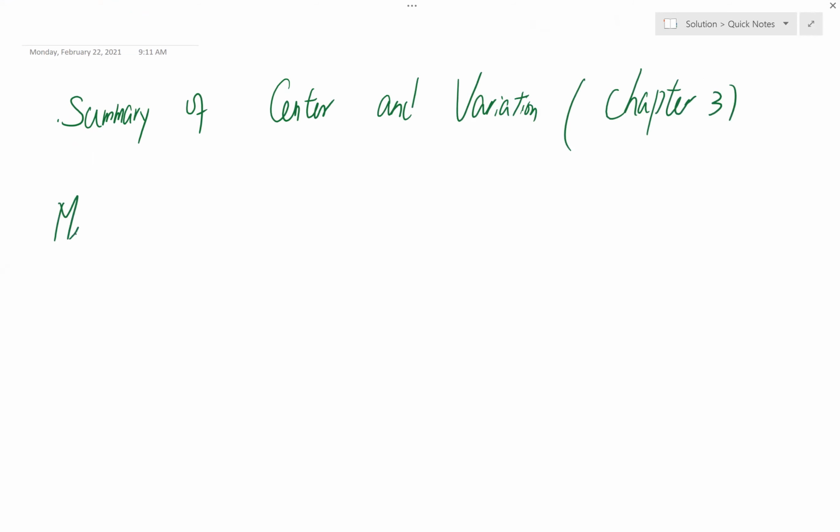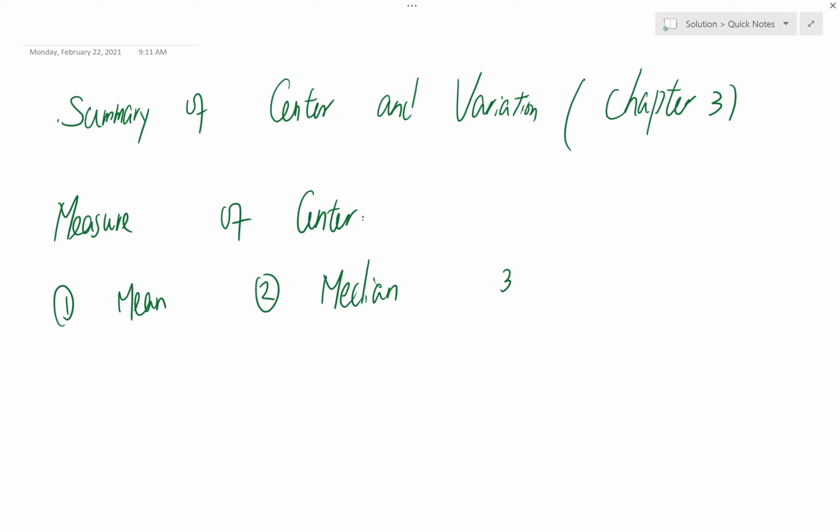In terms of measures of the center, this is one of the major topics in chapter 3. For measures of center, we use several terms. First one is called mean. Second one is median. Third one is mode. We also have something like mid-range.